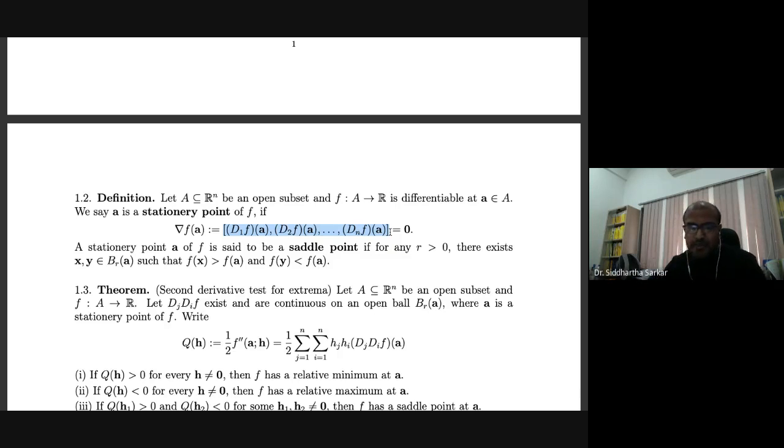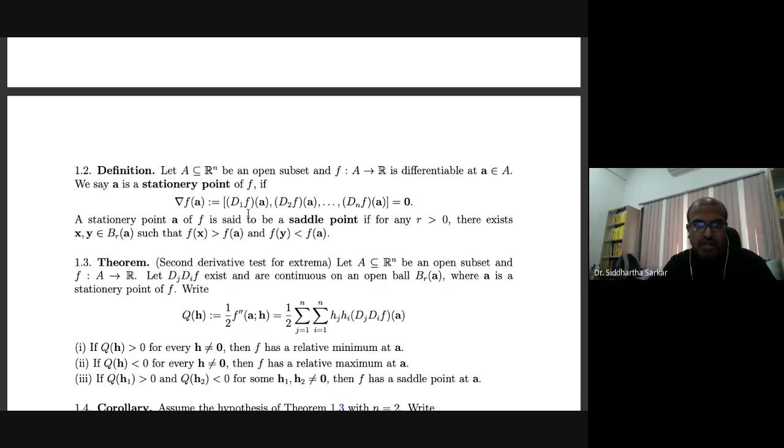Okay, now I'll say that a point is stationary if my nabla f(a) is 0. So this particular derivative treated as a vector is essentially the 0 vector. Okay, and then I'll call a stationary point a saddle point if for some r positive, I should have both values bigger than f(a) and less than f(a) in some small enough neighborhood of a.